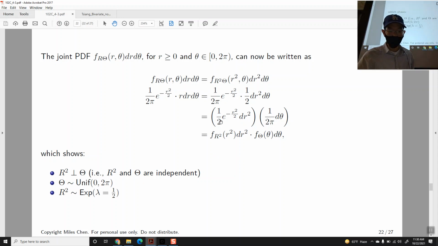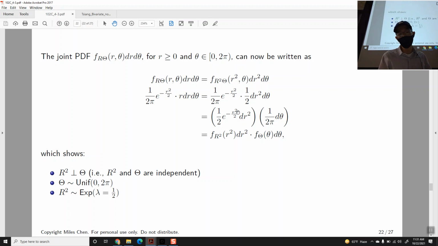And what is this? 1/2 e to the negative r squared over 2. Well, this is the PDF of the exponential distribution, where the value r squared itself comes from an exponential distribution. If this was y, it would be 1/2 e to the negative y over 2, that's just y coming from the exponential distribution.